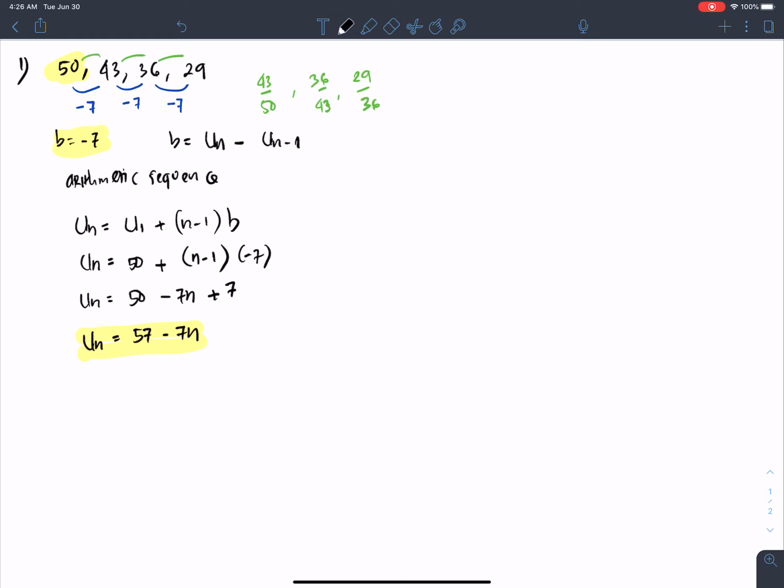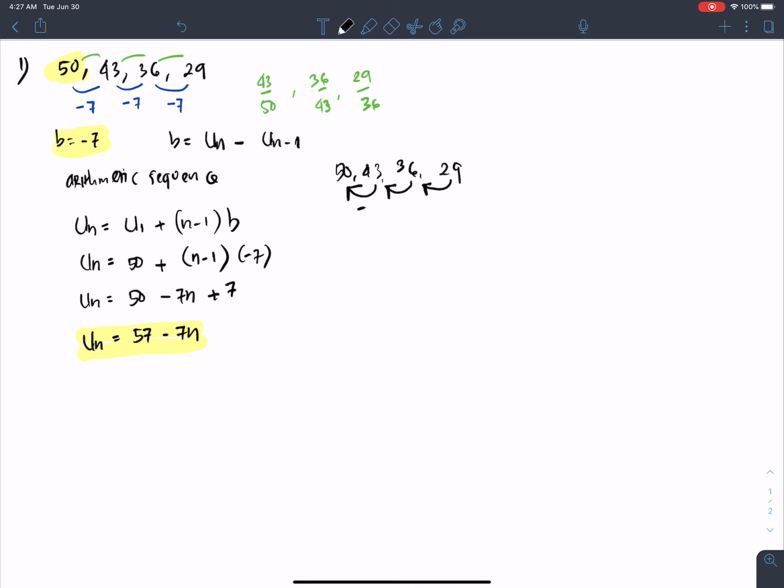So our sequence is 50, 43, 36, and 29. To find the difference, it is 43 minus 50, 36 minus 43, 29 minus 36.